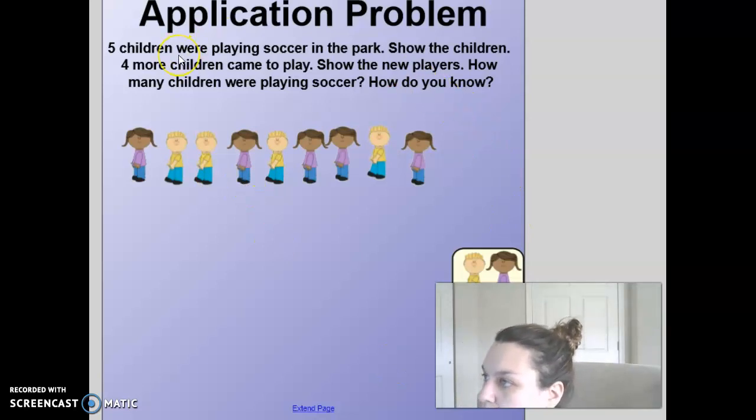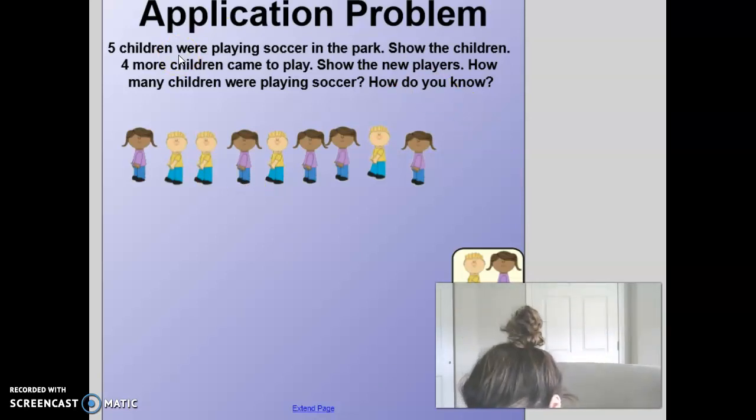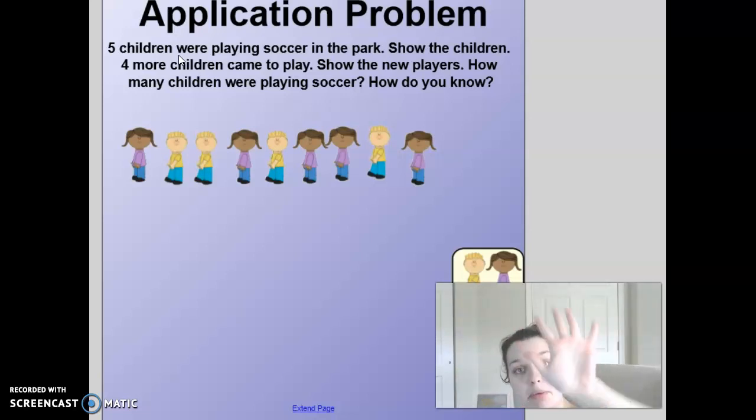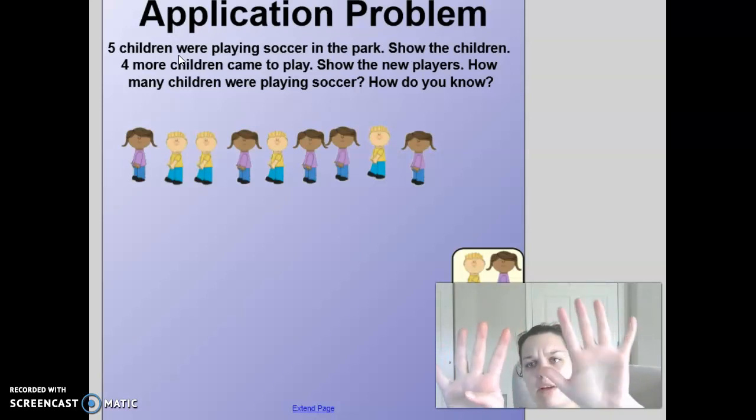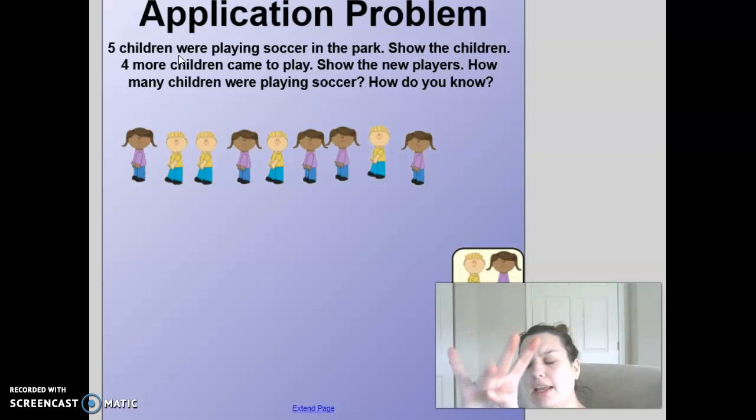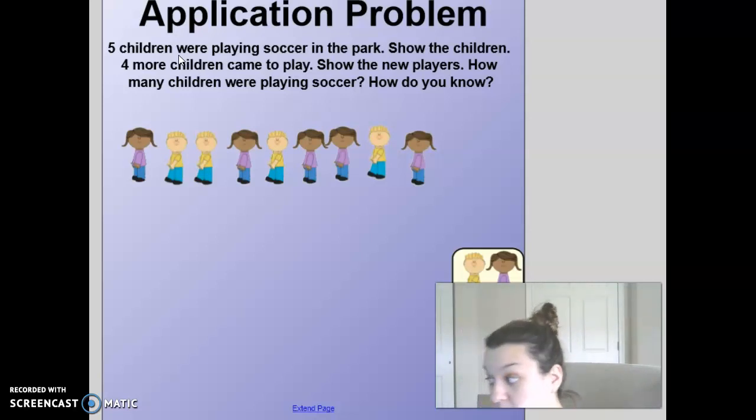Let's see, how could we solve this? We could use our hands. That's our first way. We could do 5 and 4 and then count them. 1, 2, 3, 4, 5, 6, 7, 8, 9. Okay, so that's one way. So we think there's 9.